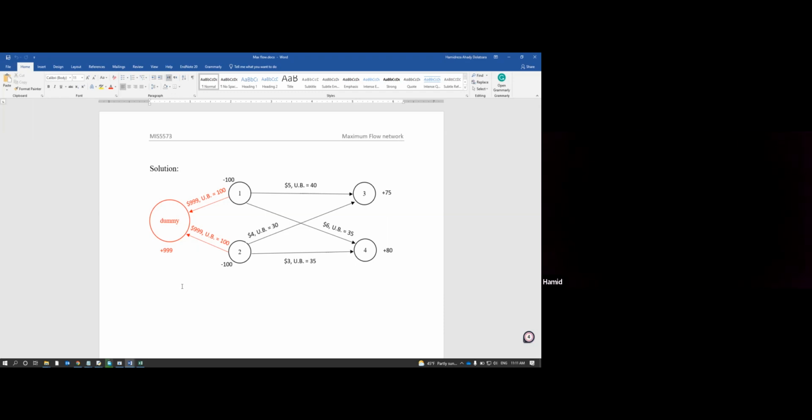With this added constraint, if points 1 and 2 send something to that dummy point, it will be very expensive because the cost of each unit is $999. Again, I couldn't put an infinity value, so I just put a very large number to work as infinity.